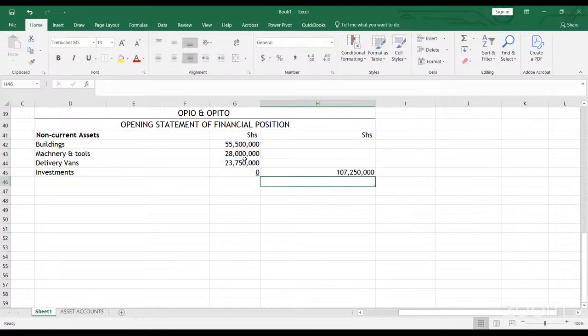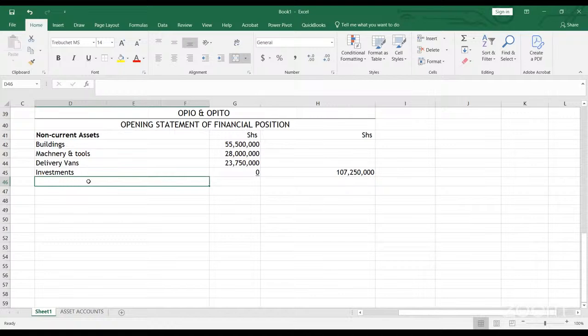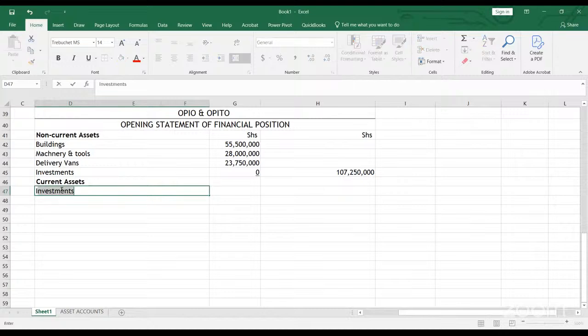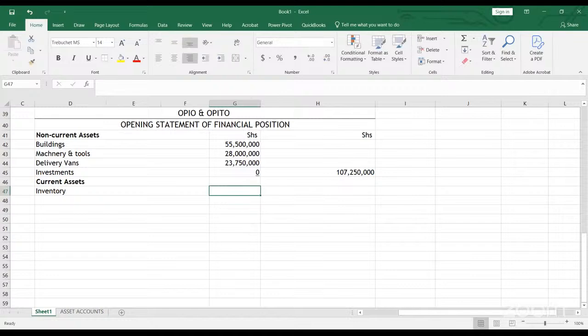Let me first add this. That is 107,250. Let's go to the current assets. We have inventory at 4,050,000.